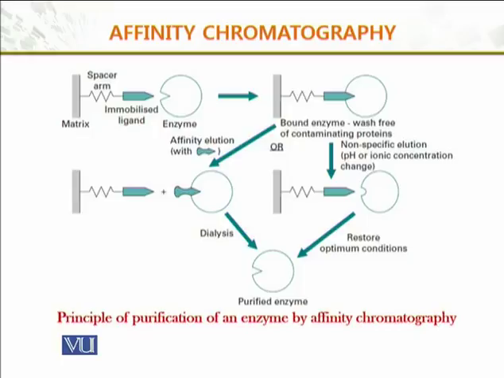Either it can be dialyzed, and we get the pure enzyme, or we can wash it with a certain compound, or use non-specific elution which splits it, and the pure enzyme is recovered at the end. So this is, as a matter of fact, the principle of purification of an enzyme by affinity chromatography. Similarly, we can use chromatography for other compounds as well.